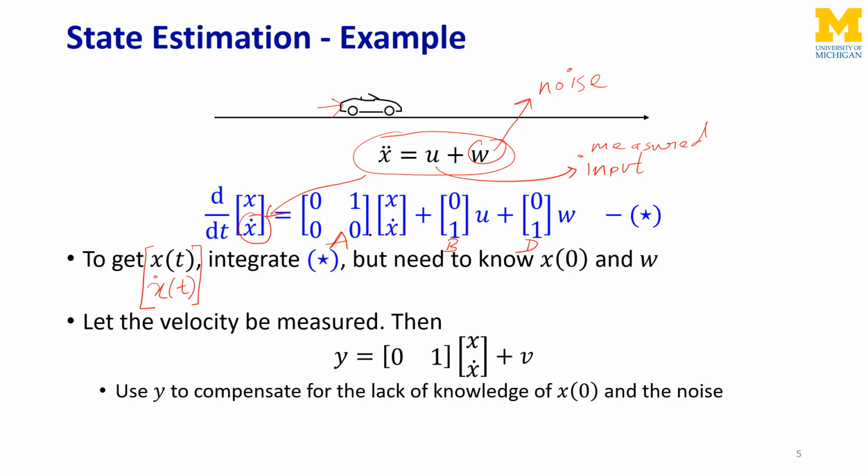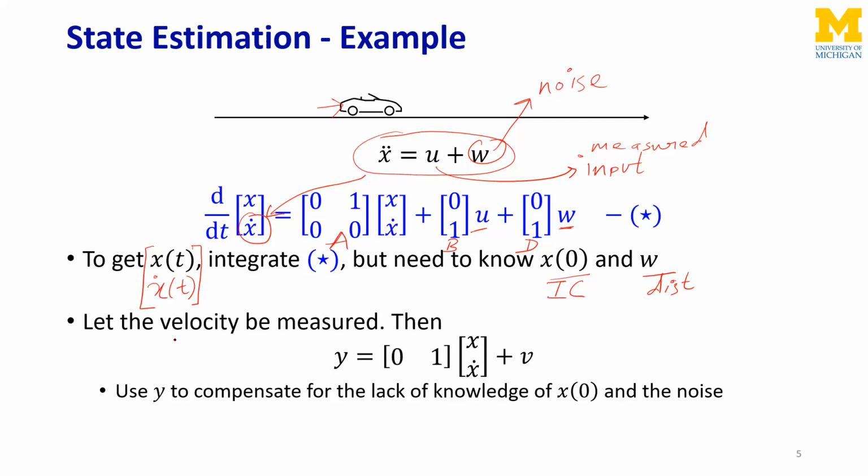But to integrate the right-hand side, you obviously need the input and the disturbance W. And also you need to know what the initial conditions are, because integration requires you to know the initial conditions. So that's one way of doing it. But if you don't know what the initial condition IC and the disturbance W is, then you cannot integrate to find x of t.